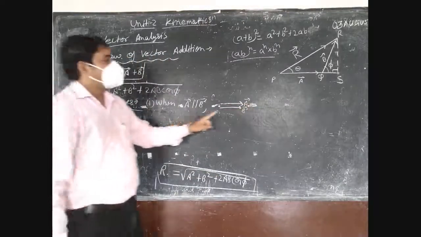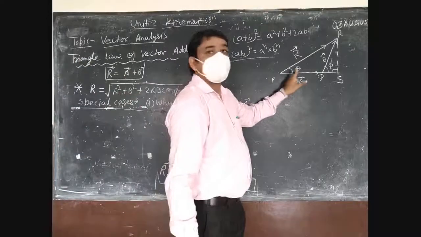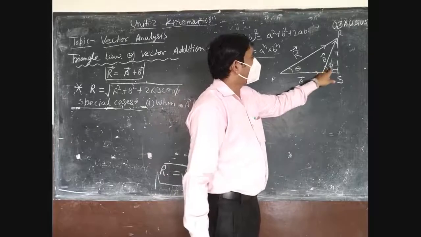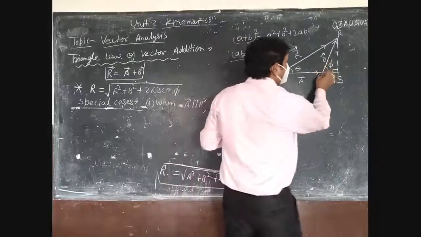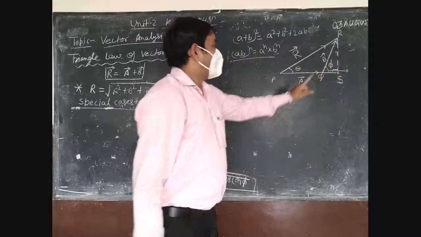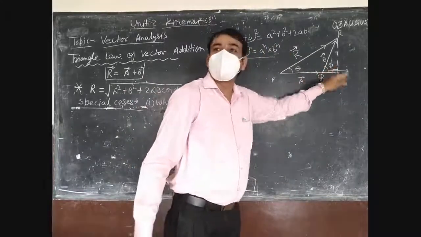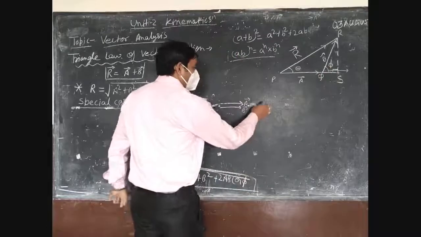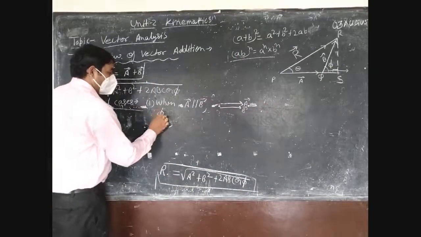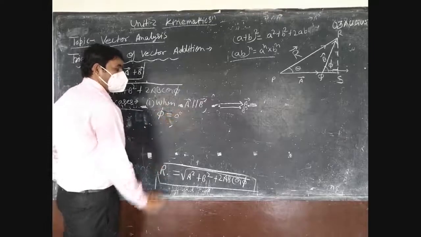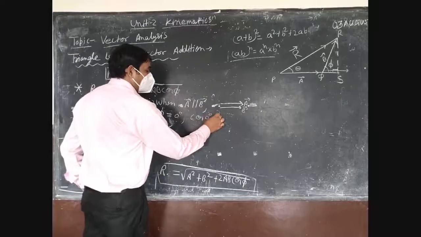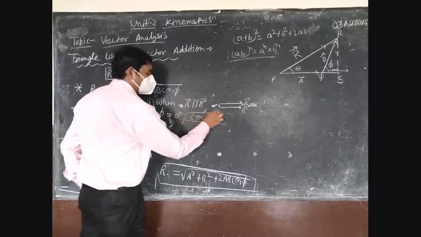Then this angle phi, from here it continues like that, will become 0 degree. And we have cos 0 degree equal to 1.